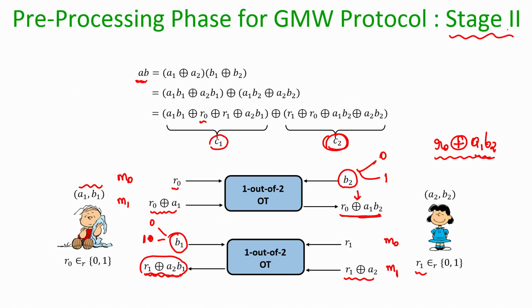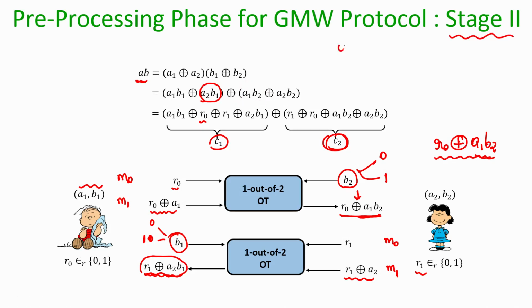So, this is now the original GMW method of computing securely the cross terms. Okay. So, remember the problem was securely computing these cross terms A2 times B1 and A1 times B2. To securely compute the cross terms, we run 2 instances of OT, and each of these OT instances takes care of one of the 2 cross terms.